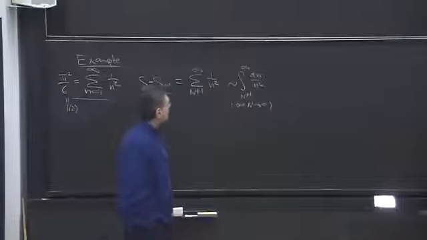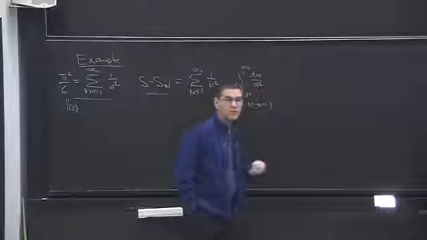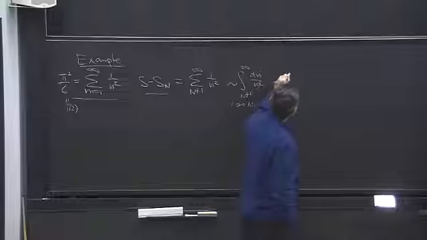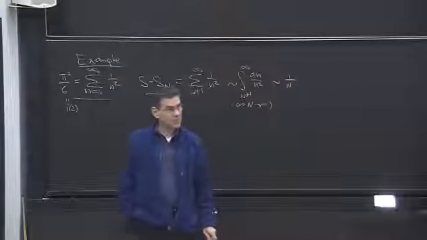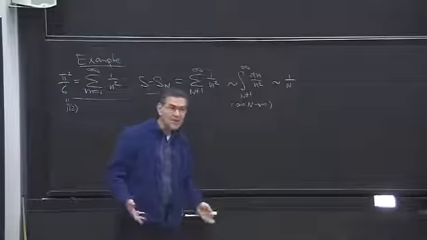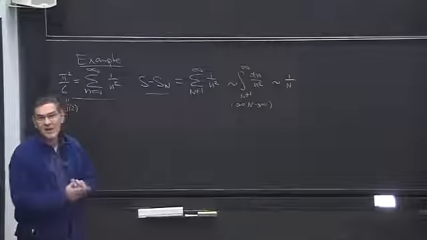The integral of dn over n squared is minus 1 over n, you evaluate it at the lower endpoint, and this is 1 over n. It's really 1 over n plus 1, but 1 over n is asymptotic to 1 over n plus 1.